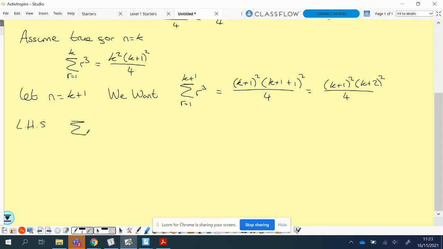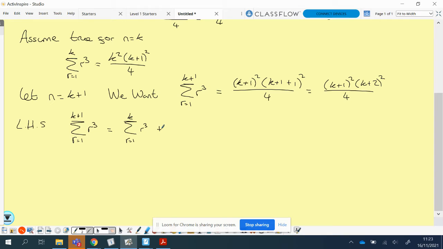So it's going to be the sum up to k plus 1, r equals 1 of r cubed. Now I'm going to split that summation up again. I'm going to sum up the first k terms of r equals 1 r cubed, and then I'm going to add the k plus 1 term onto it.